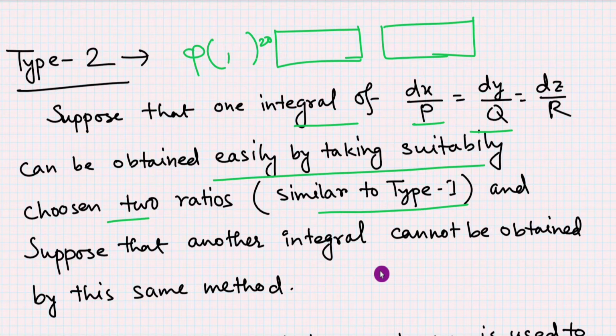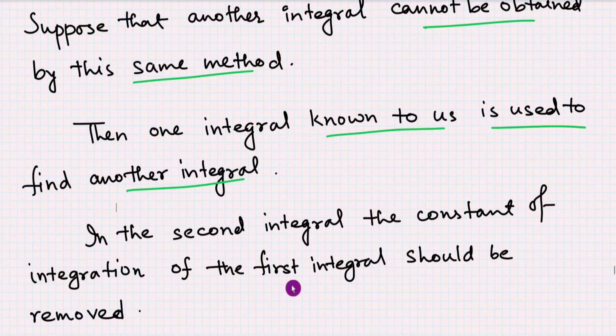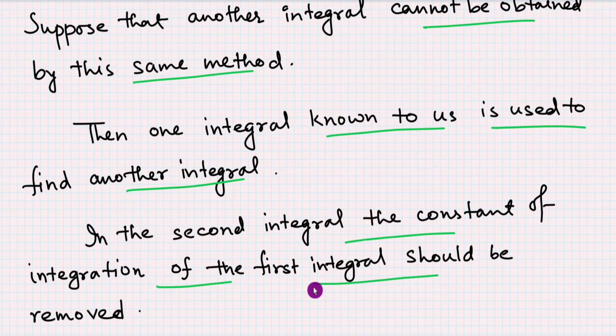Suppose another integral cannot be obtained by the same method, then the type 2 equations come, and one integral which is known to us is used to find the other integral. In the second integral, the constant of integration of the first integral should be removed. Then we find the second integral by using the first, our known integral, and then we remove the first integral.